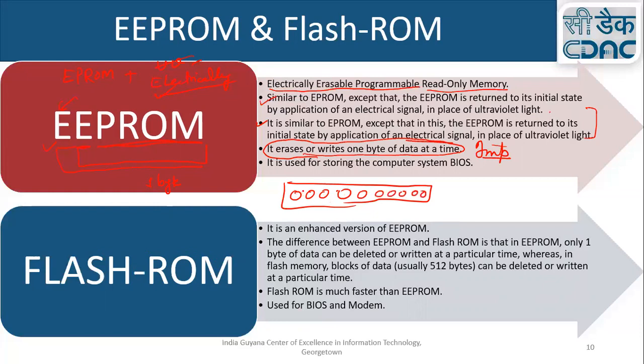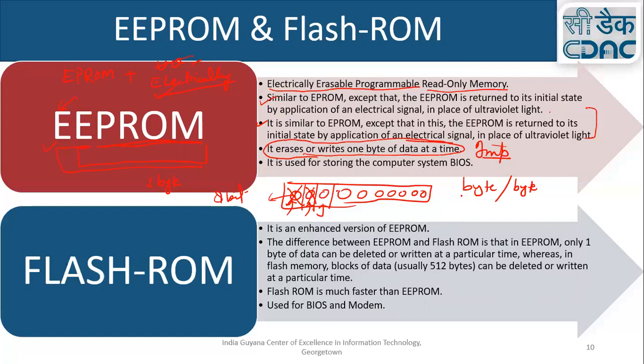Each one is 8 bits, or 1 byte of data. So you can erase this byte of data and write here something. You can erase 1 byte of data. So to write or erase something, you go byte by byte.